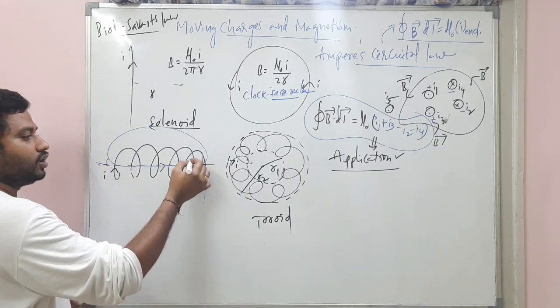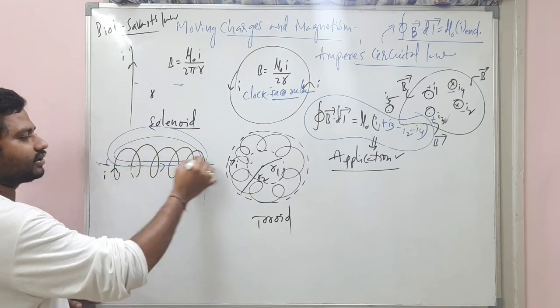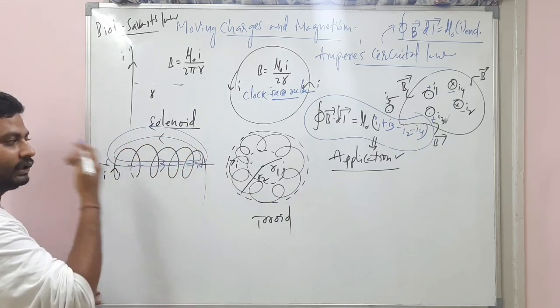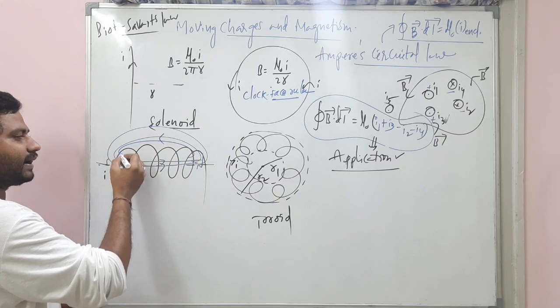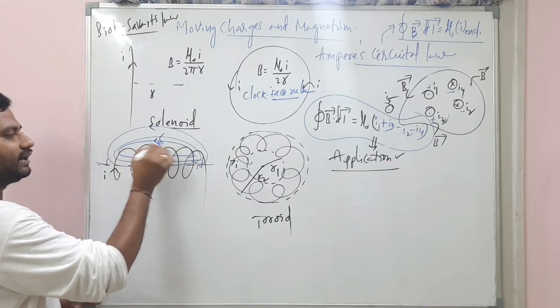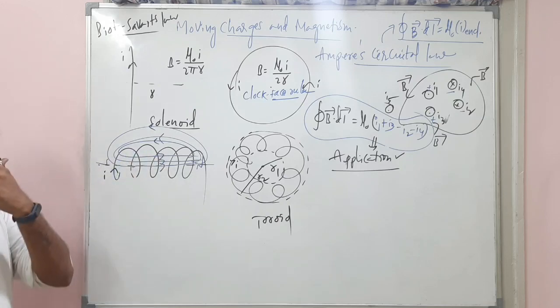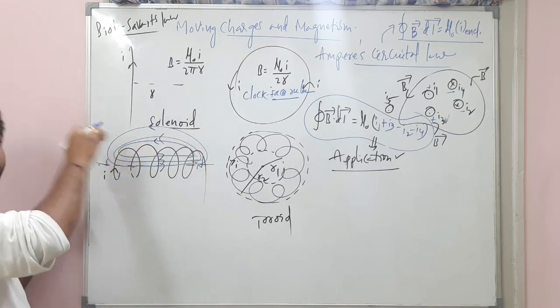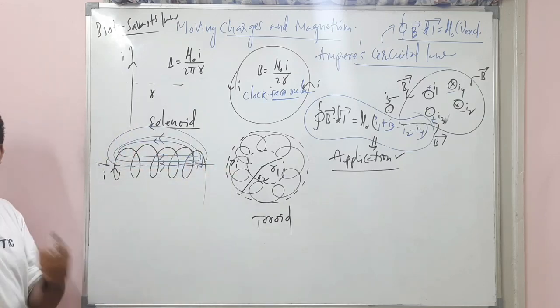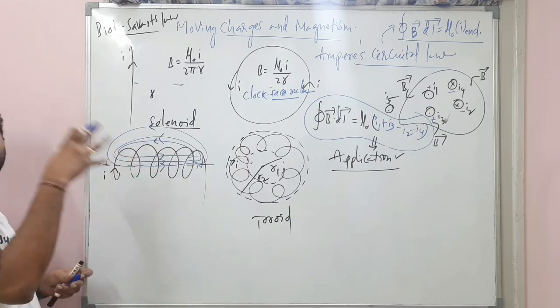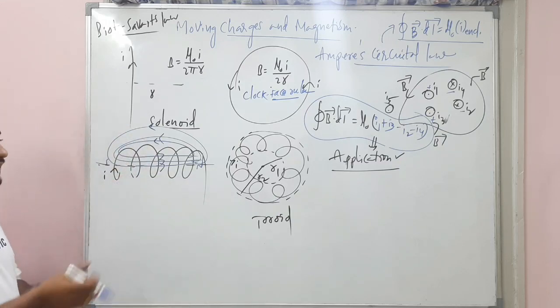And they form closed loops. Outside the magnet they are moving and inside the magnet also they are moving, forming closed loops, my dear children. And this is similar to the bar magnet property.